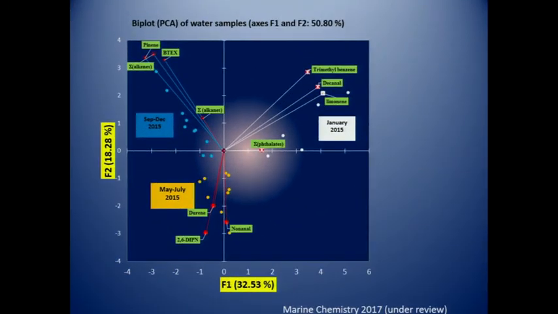This is called principal component analysis. It breaks down a lot of data into only 2 factors, and you could very well see that some of the compounds are elevated in specific seasons, some in the summer, some in the beginning of the winter and high winter. I can elaborate on this later on.